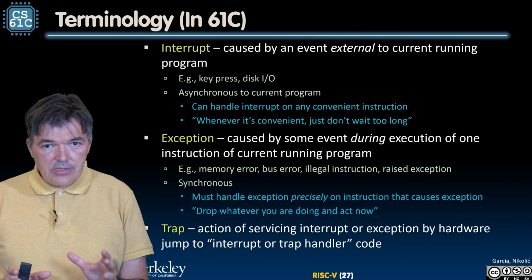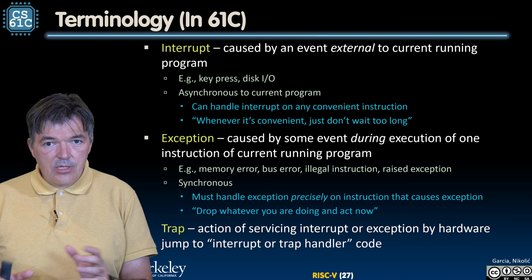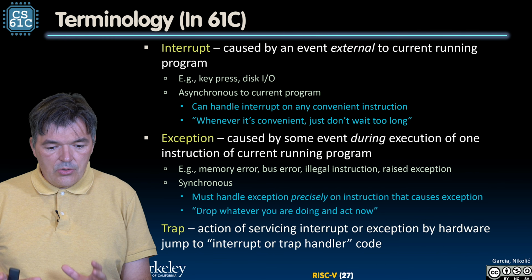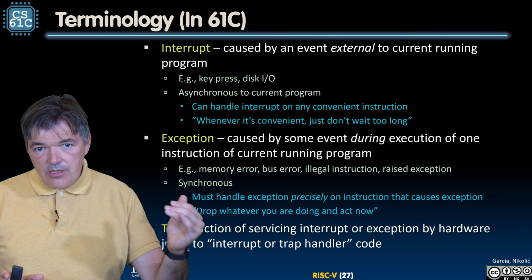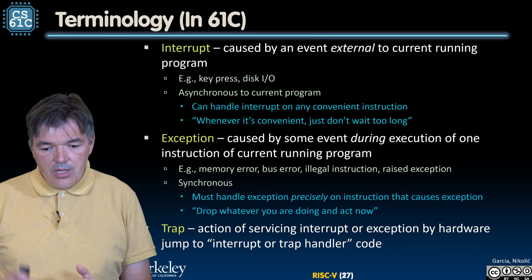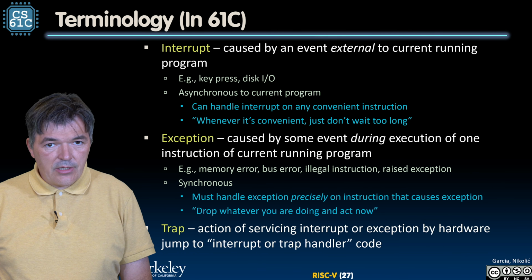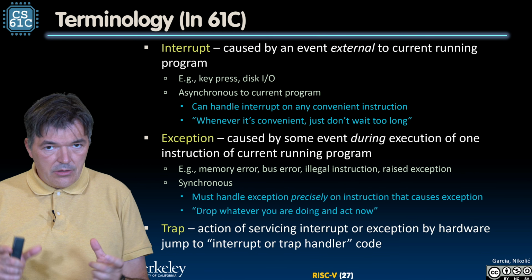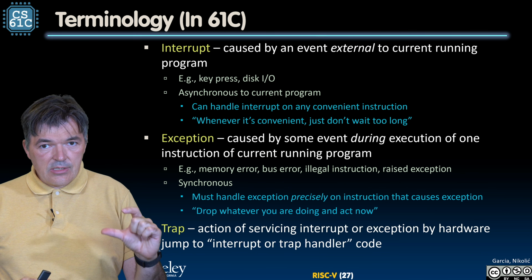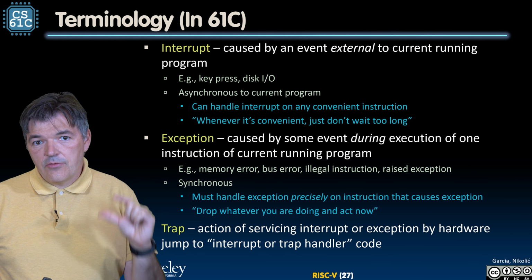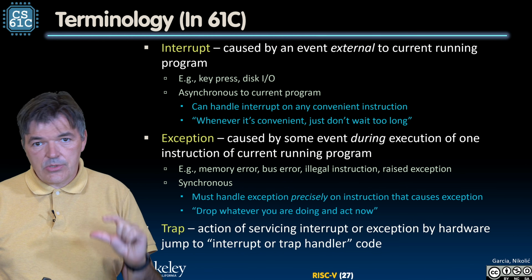The action of servicing an interrupt or an exception is called a trap. So generally, in order to service either an interrupt or the exception, we jump to an interrupt or trap handler. That's a piece of code that resides in memory that is designated for handling particular interrupts or traps.